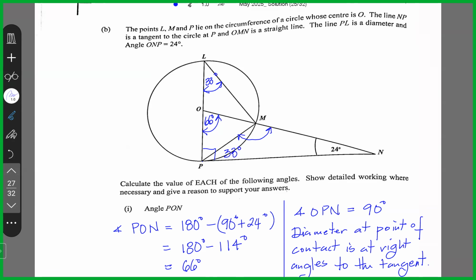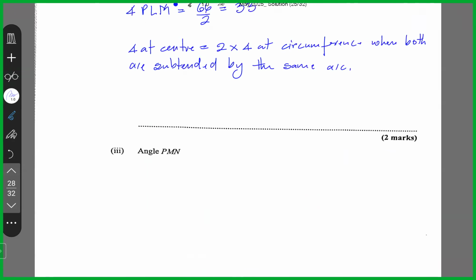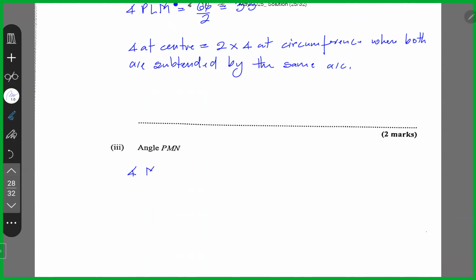So first I need to tell the examiner that MPN is 33 degrees and why. Angle MPN is equal to 33 degrees. This is the reason.